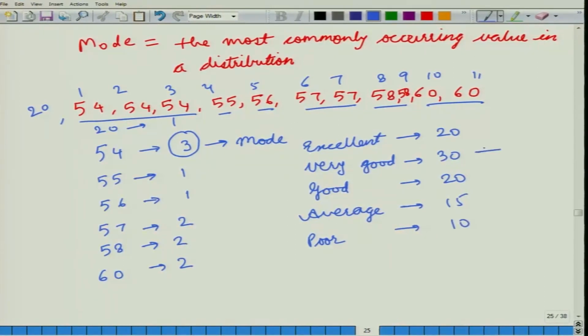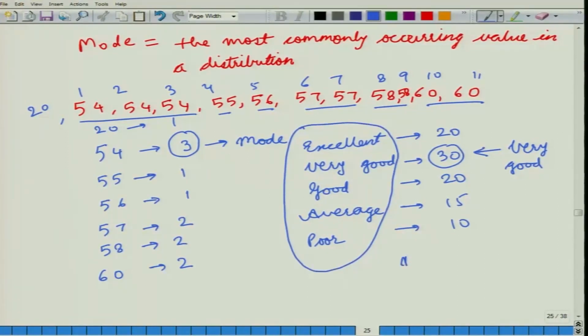Here also we can calculate the mode, it would be very good, because it is opted for by the maximum number of people. It is the most commonly occurring value in this distribution. However, in the case of this non-numerical data, excellent, very good, good, average, and poor, we cannot calculate a mean, and also we cannot calculate a median, or maybe median would be possible in some cases, but mean definitely cannot be calculated in this case.